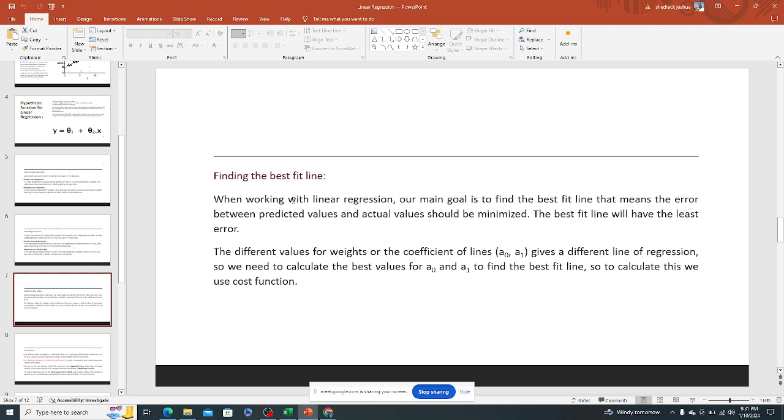When working with linear regression, our main goal is to find the best fit line. That means the error between the predicted values and the actual values is very minimal. The best fit line will have the least error term.